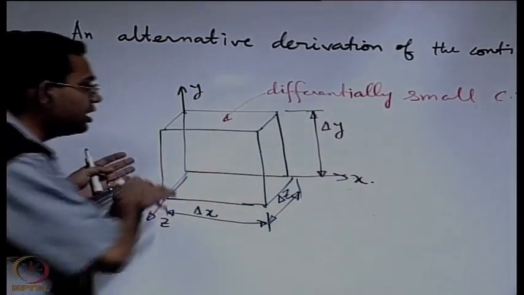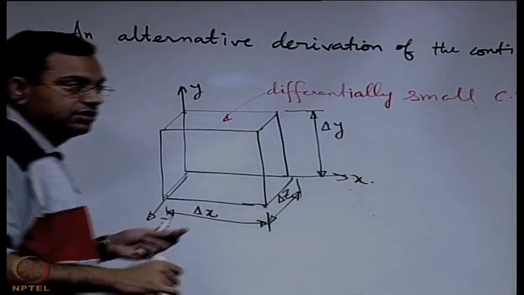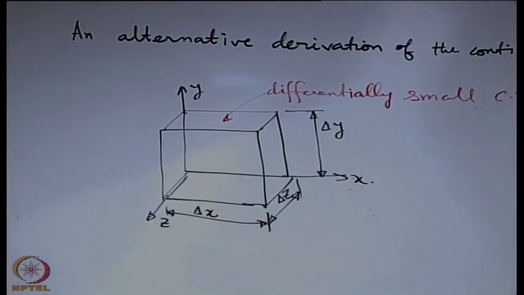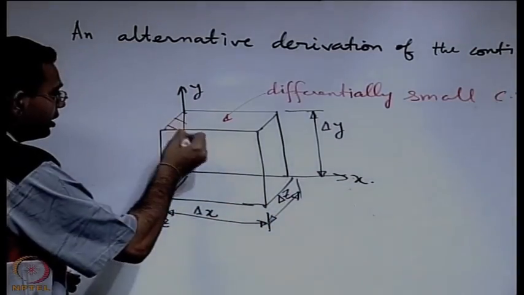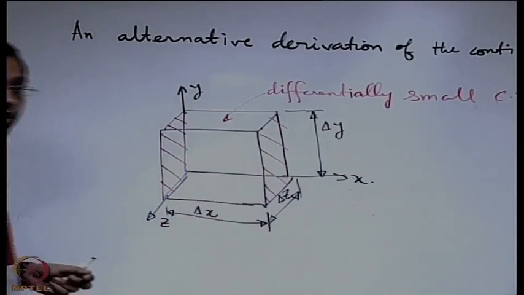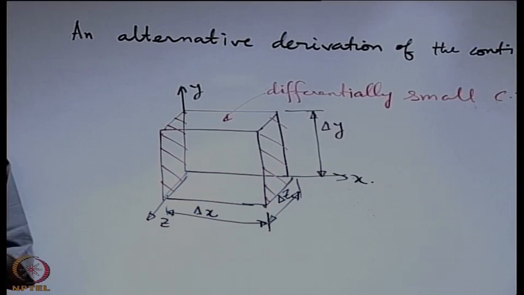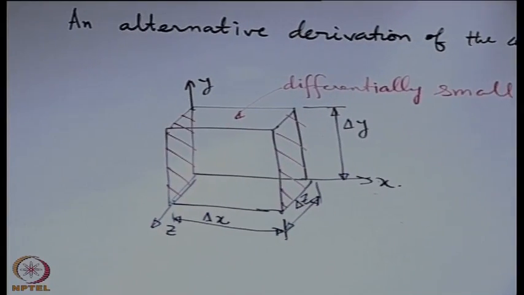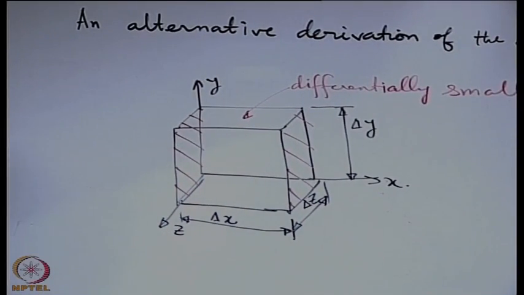So, if we consider the flow rate along x, then we should be bothered about these two phases, because these two phases have direction normals along x. Let us see what is the mass flow rate that gets transported across these phases.